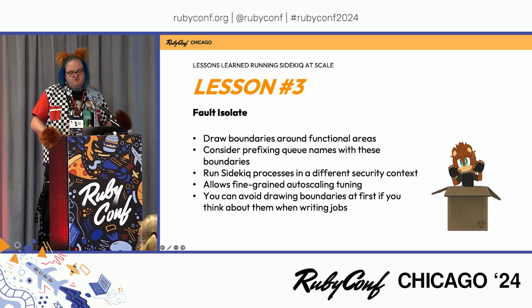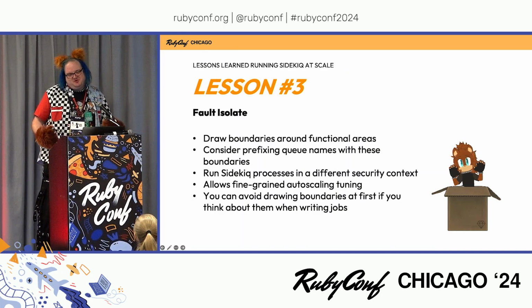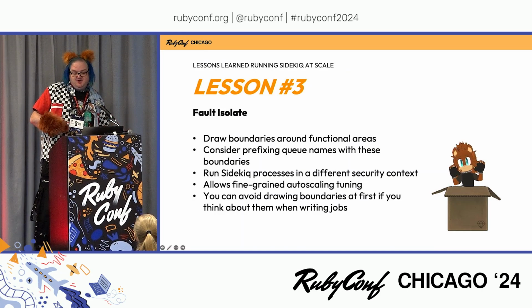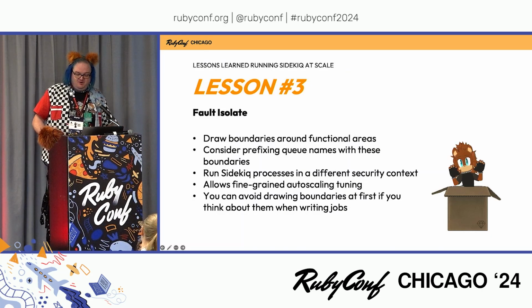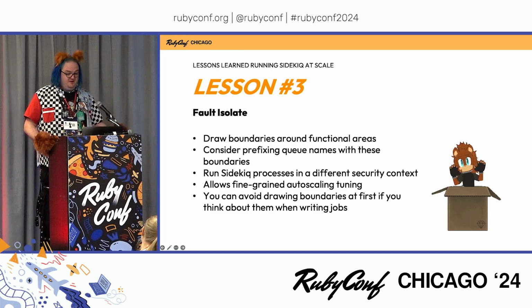You might want to have different resources allocated, different CPU, different RAM, whatever. You might want to pack them more efficiently or less efficiently, depending on whether the job can technically go a little bit over its SLA, or maybe it can't, right? That's the thing you need to think about. The biggest important thing that is, I think, not thought about all that much is that the security context is important.